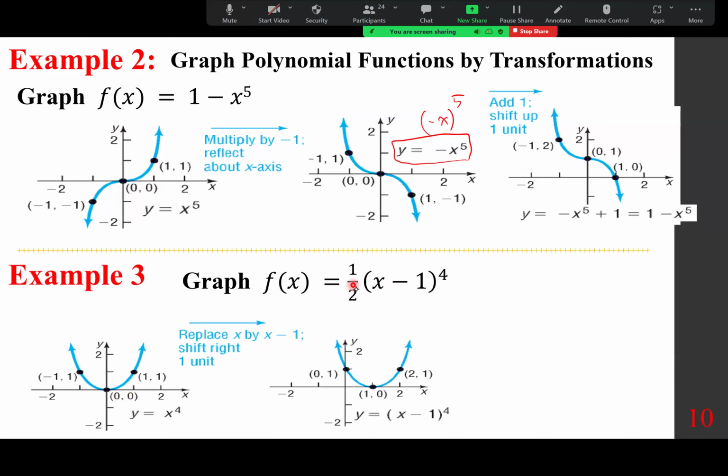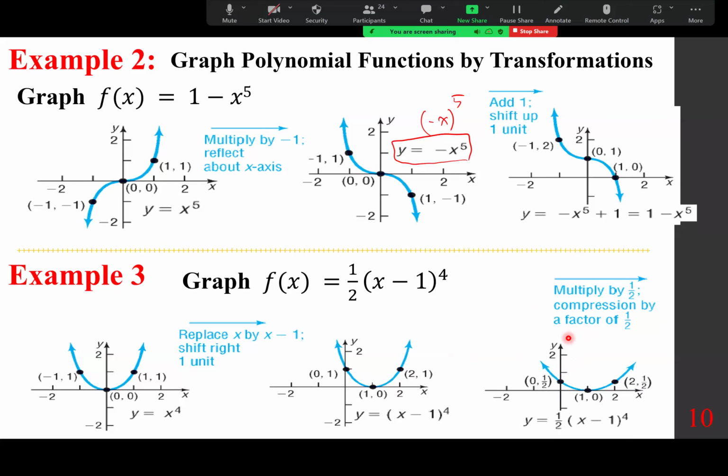Now, the 1/2 shrinks it vertically, so it becomes sluggish and closer to the x-axis. So multiply by 1/2: compression by a factor of 1/2, it shrinks like so, becoming closer to the x-axis.